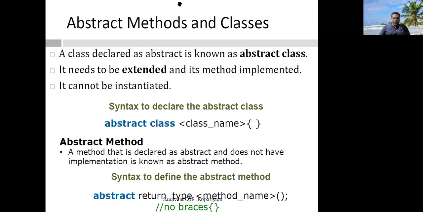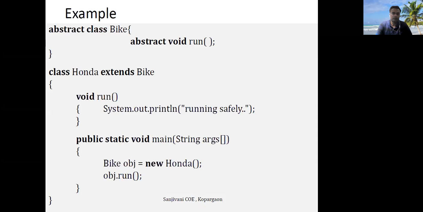Once you define a method as abstract, we cannot write the implementation of the method inside the same class. We can write its implementation inside the derived class. That is, once you define a method as abstract, we cannot provide the implementation of that method inside the superclass. We can write its implementation inside the subclass.